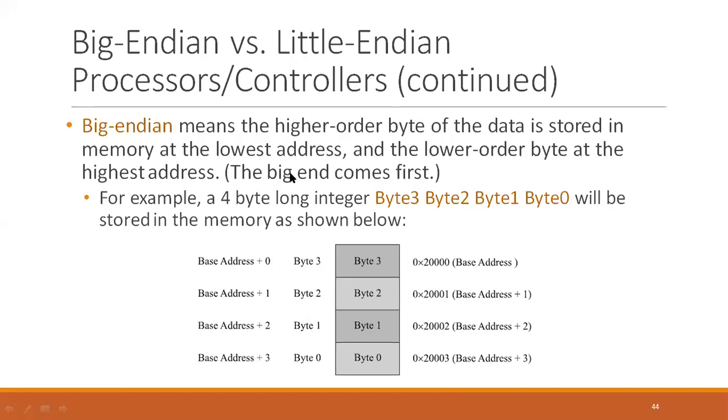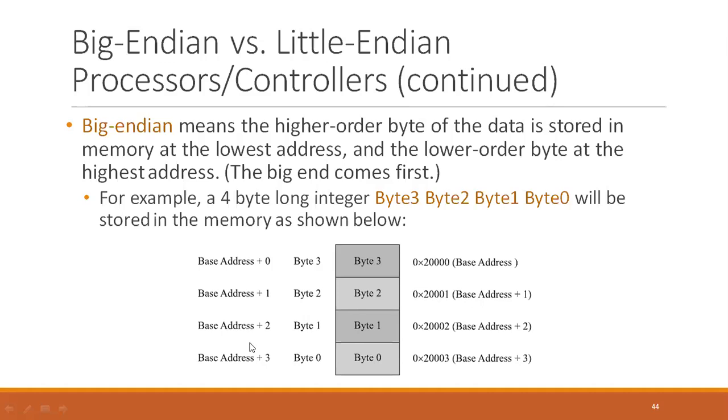So big endian means the higher order byte of the data is stored in memory at the lowest address, and the lower order byte at the highest address. That is, the big end comes first. For example, a 4 byte long integer, byte 3, byte 2, byte 1, and byte 0, will be stored in memory as shown below, right? This is how your big endian notation works. That is base address plus 0, stored at the lower memory location, and below that we are storing base address plus 1. We are storing the next one, that is byte 2.